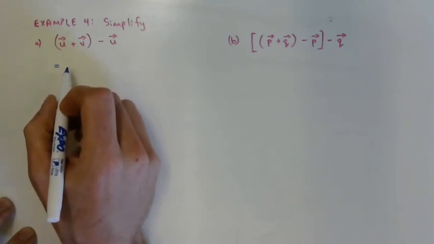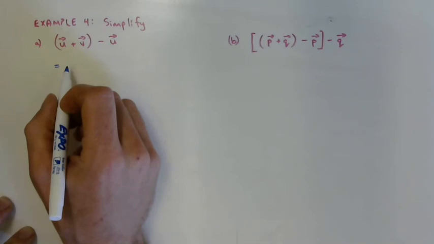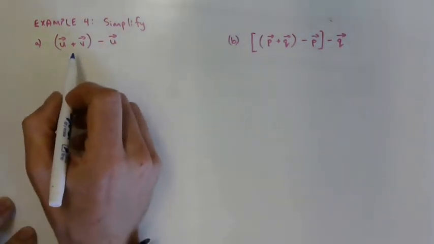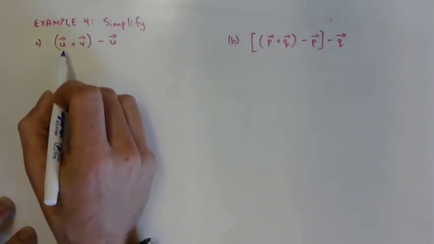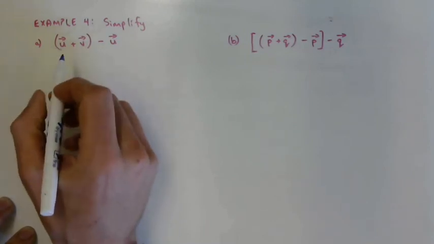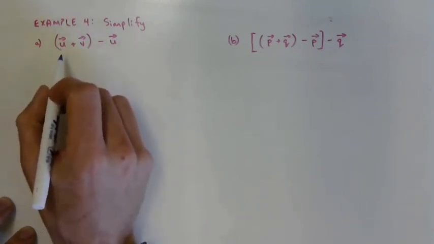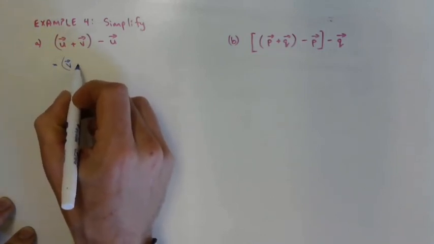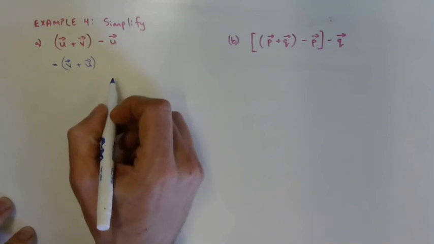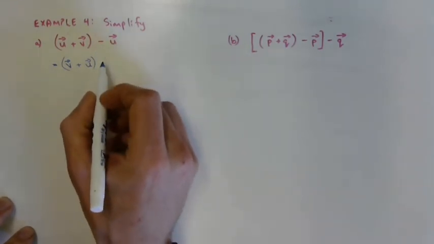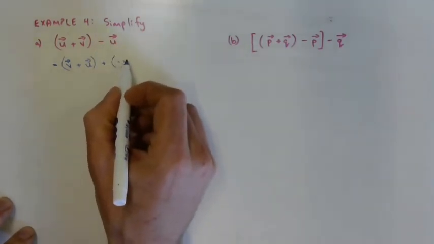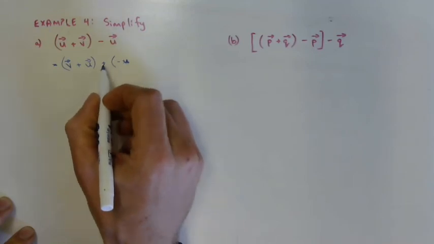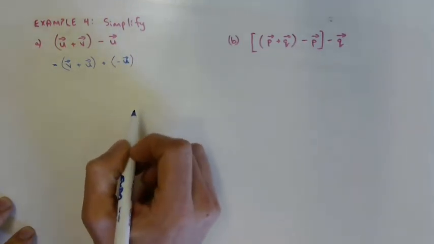The first thing we can do is apply the commutative property of addition and write this as v plus u, and that's going to allow me to get the u's beside each other. So u plus v is the same as v plus u, and subtracting a vector is the same as adding its opposite. So I've got plus negative u here.